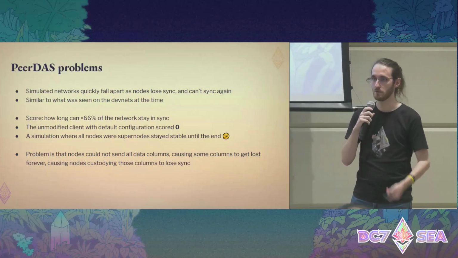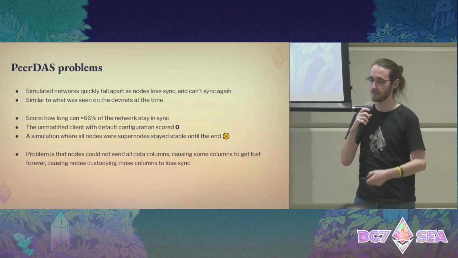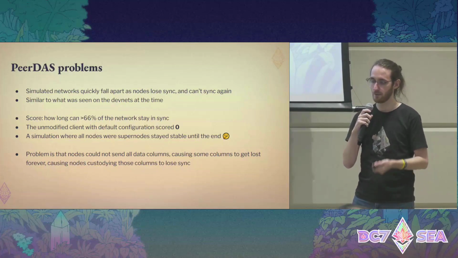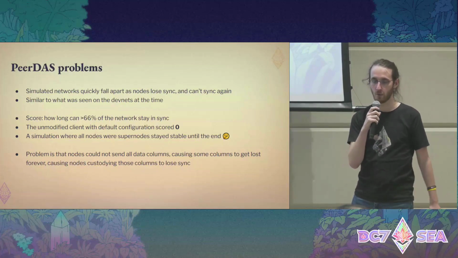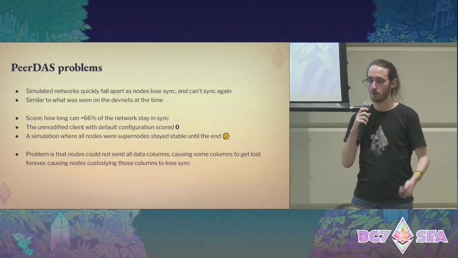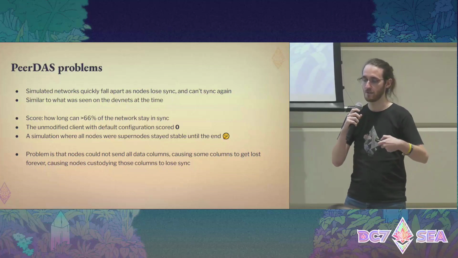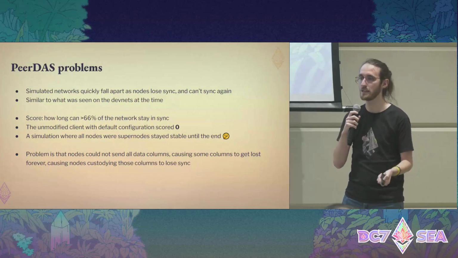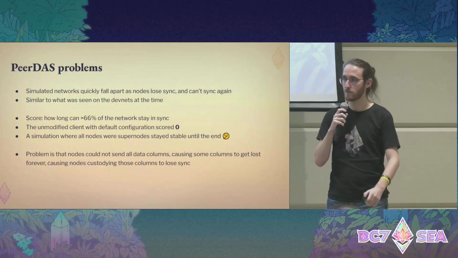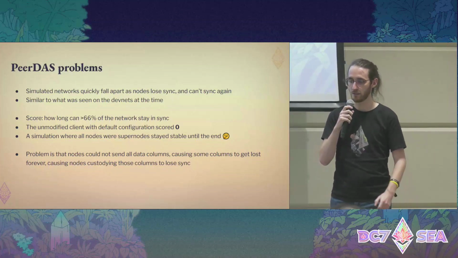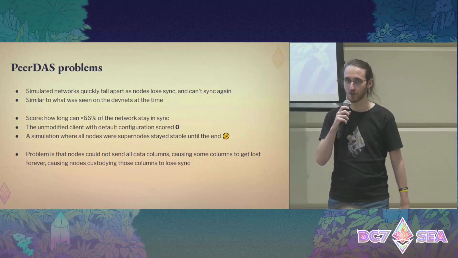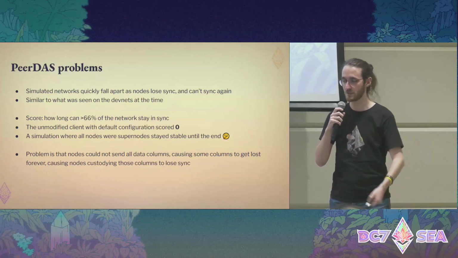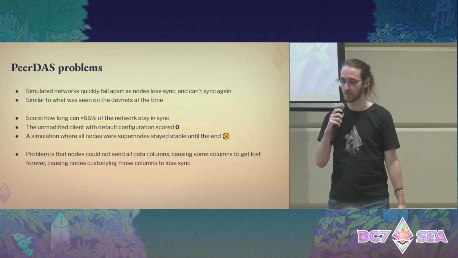So I thought about how to measure performance, and I had several metrics, but right here I will focus on what I call score, which is how many slots over 66% of the network can stay in sync. And with the unmodified client, with the default configuration, 0. Immediately after we posted blobs to the network, we lost sync.